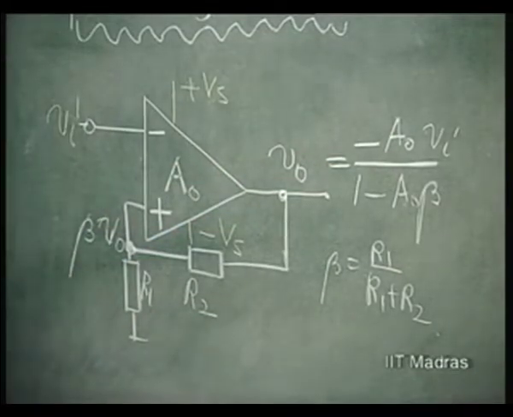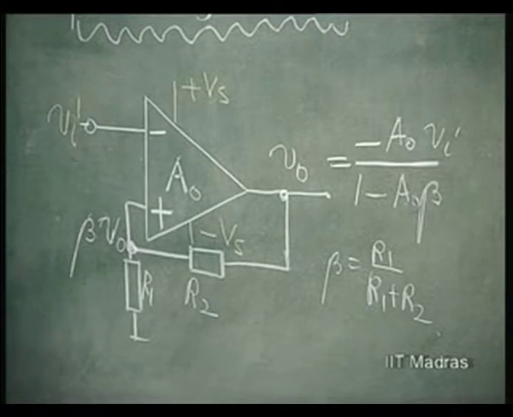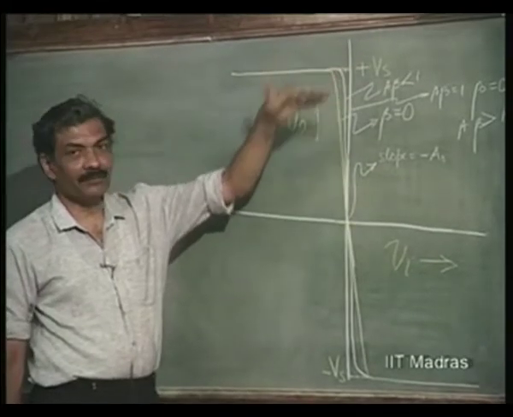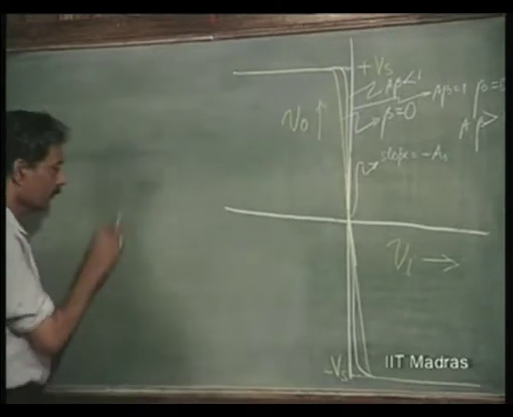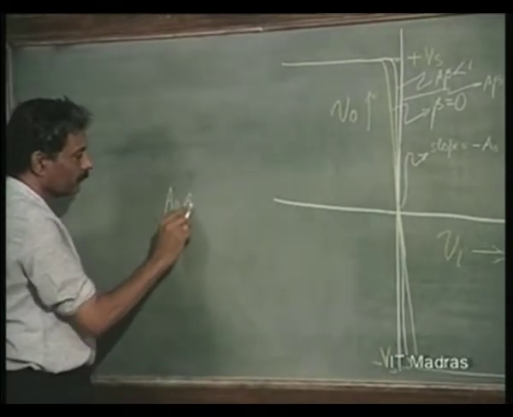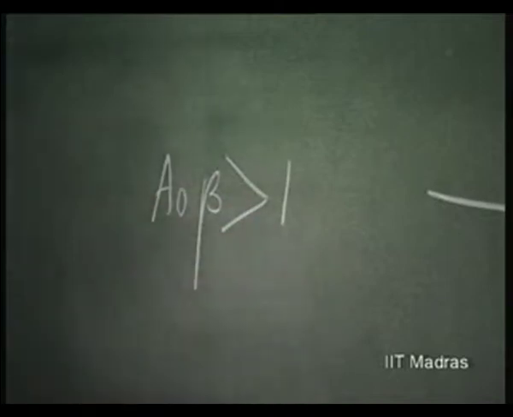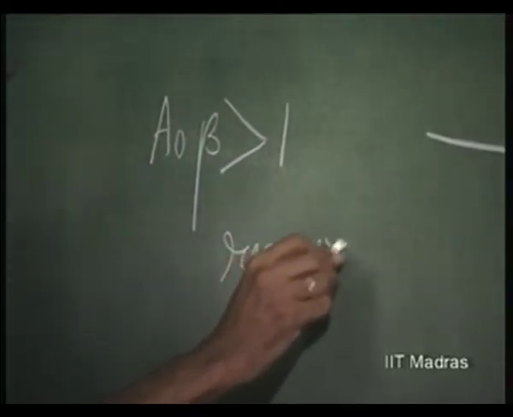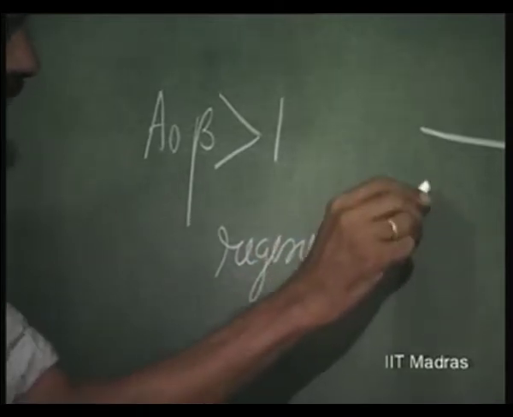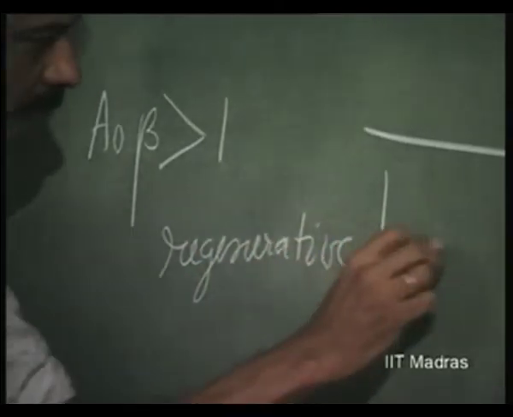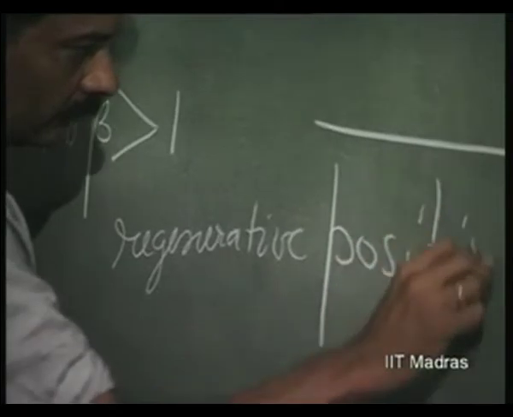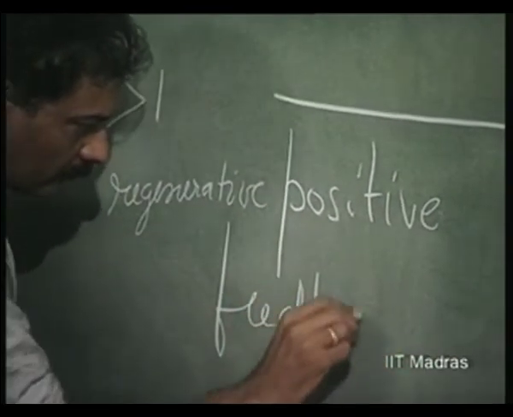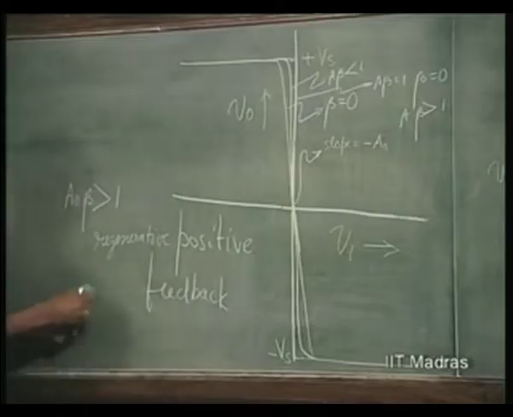Output now is going to be, after A naught beta greater than 1, this is called regenerative feedback.